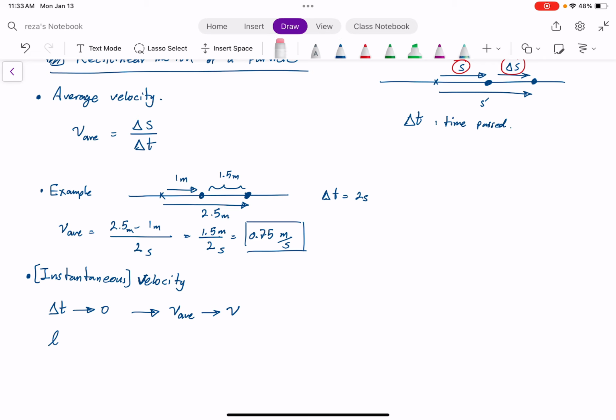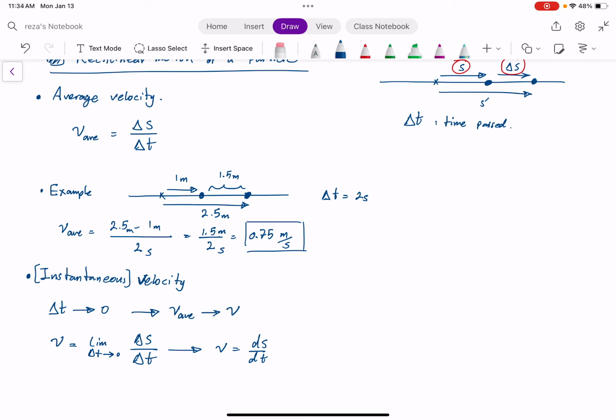I can write it in a more mathematical form: instantaneous v is the limit of delta t going to 0 of delta s over delta t. As I take shorter and shorter intervals, I arrive at better and better approximations of instantaneous velocity. And we have a very interesting notation for this. If you go back to your calculus notes, you will see that velocity becomes the time derivative ds over dt, so the time derivative of position.